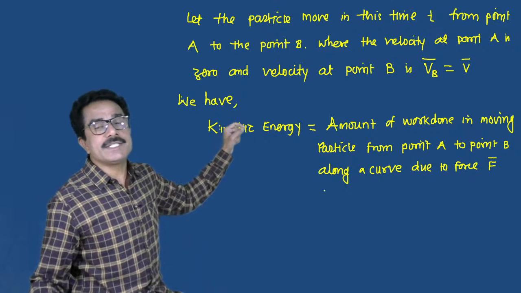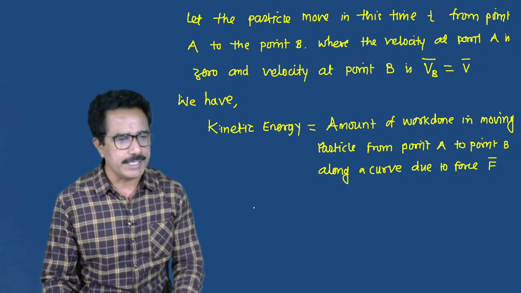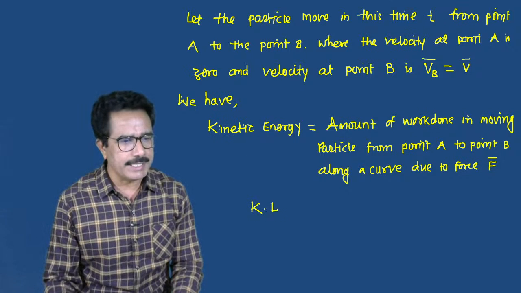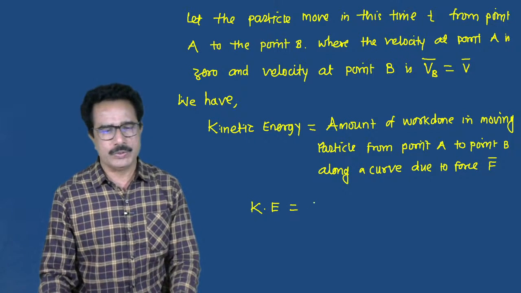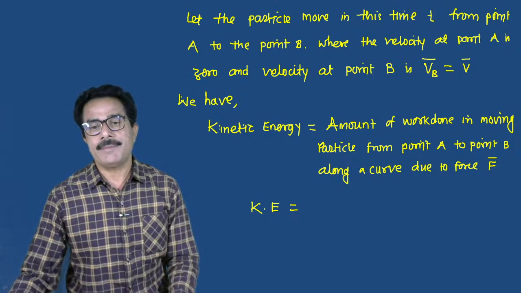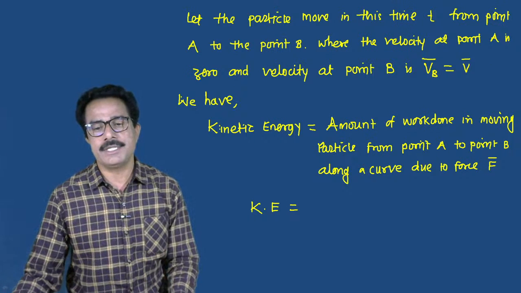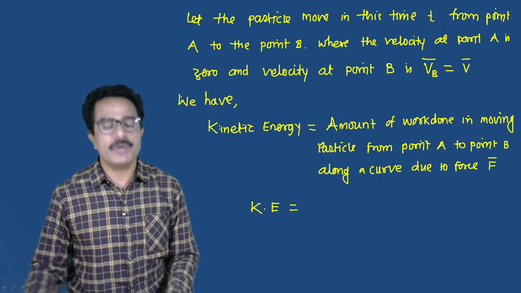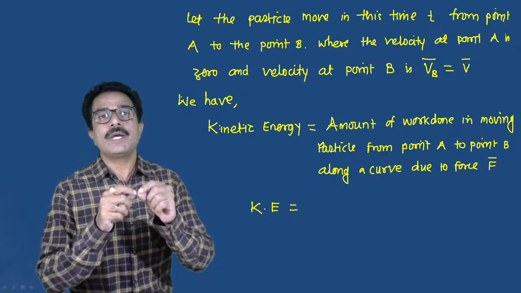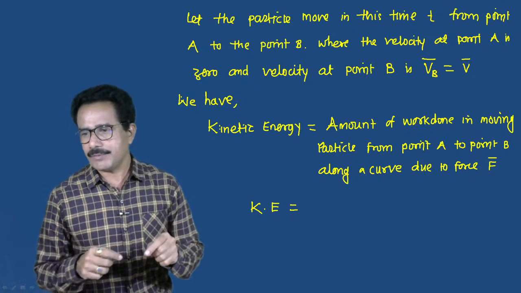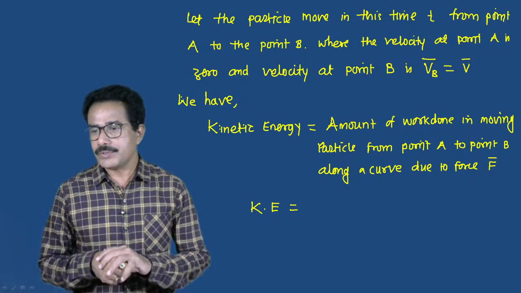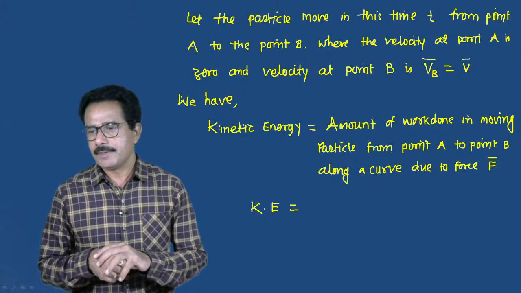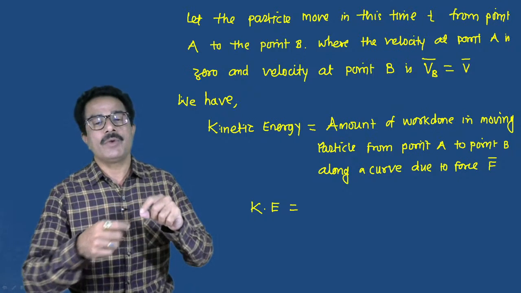So we can write this in the form of an equation. We know that we can measure the kinetic energy, or energy, in terms of integration, because of the work done due to a small displacement. What is the formula for the work done? Now you tell me the formula for the work done.